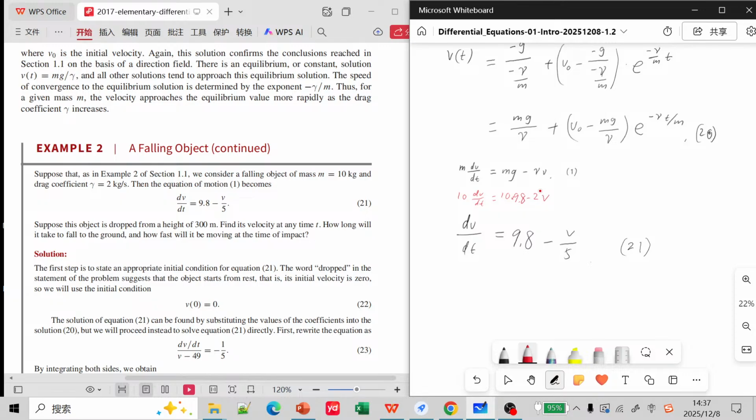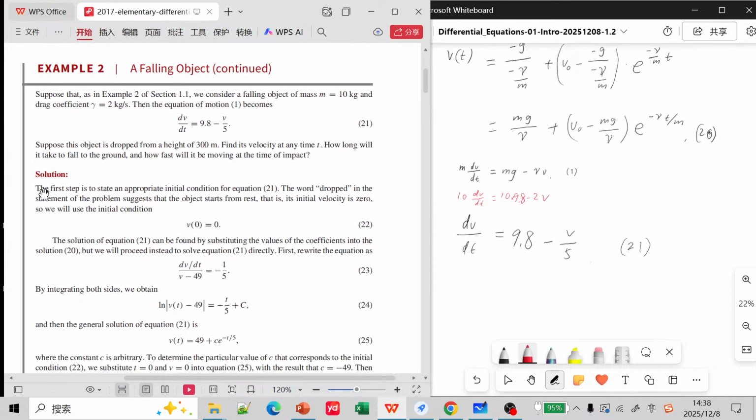Okay, continue. Suppose this object is dropped from a height of 300 meters. Find its velocity at any time t. This means find v of t. How long will it take to fall to the ground? And how fast will it be moving at the time of impact? Solution.